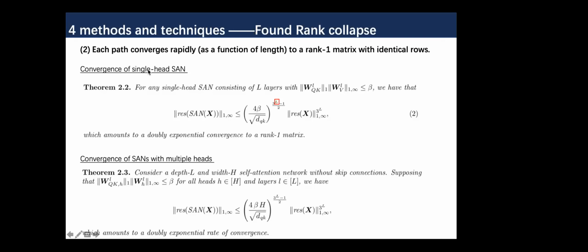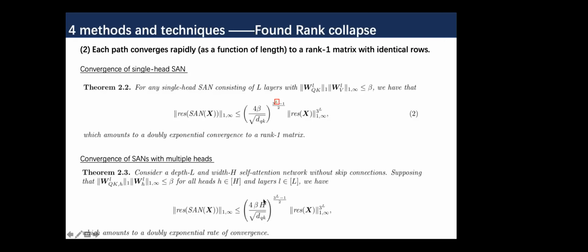That's the single-head condition. If we are in the multi-head condition, the only difference is the H, because we have multiple heads now. But the number of heads is 1, 2, 3, this kind of thing, so it won't be really large. So it won't do anything good to the whole formula here.